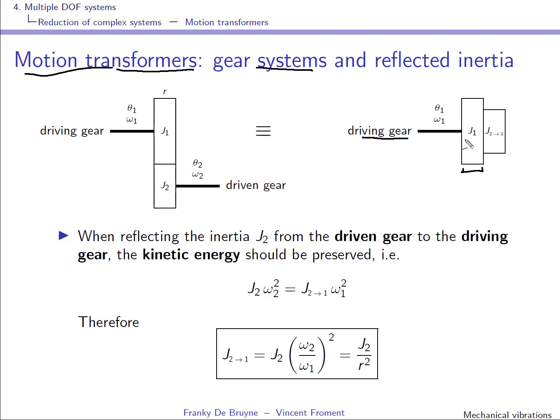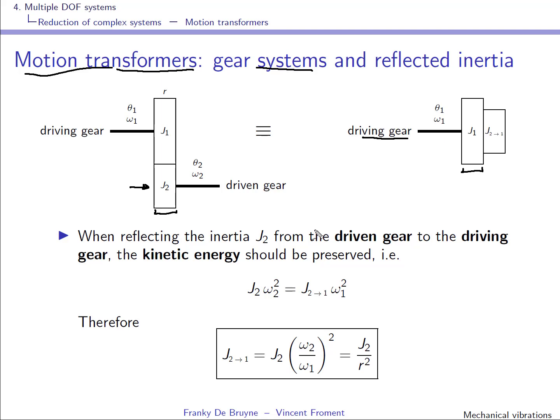So we want to know how this moment of inertia will look when it's reflected to the driving gear. We know that in terms of kinetic energy, they should have the same influence. So we'll have a look at the kinetic energy of this moment of inertia.